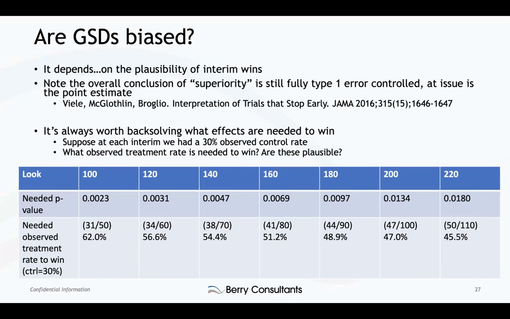Okay, one more question. For the simulation you just did, is there a way to see how many times in the simulation the first interim futility is not met, but the second futility is met, etc.? What we showed when we did the graphs, in order to stop at the second interim, you had to go past the first.